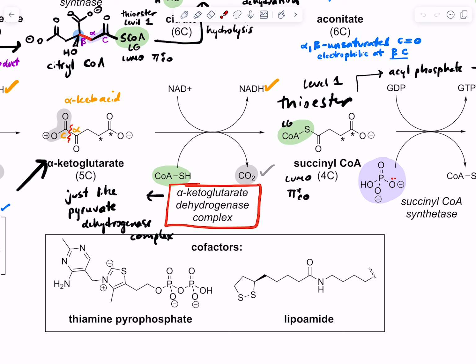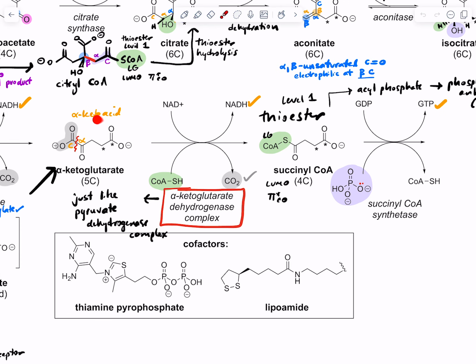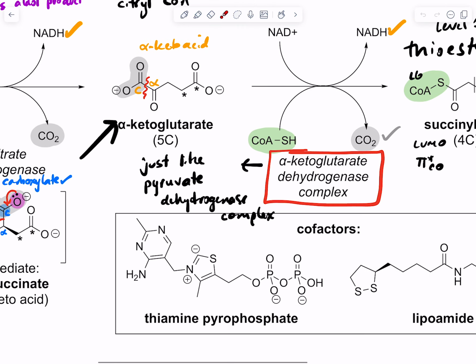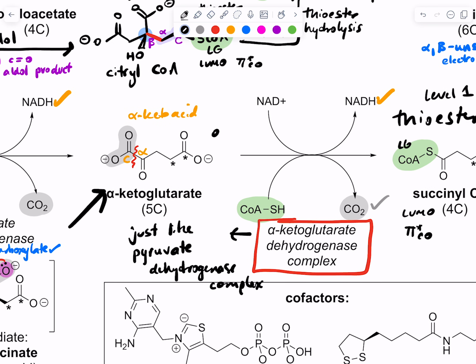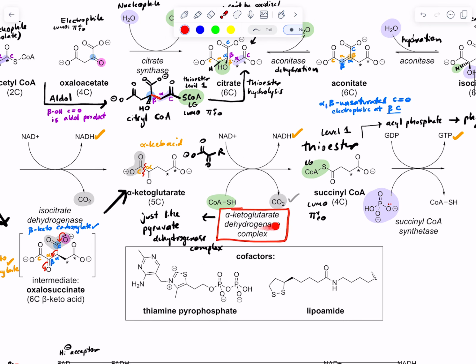So before next time, I want you to take alpha ketoglutarate. I want you to use your notes on pyruvate, and if you want to abbreviate alpha ketoglutarate, you surely can. You can abbreviate it like this, and you will see that it looks not so very much unlike pyruvate. I want you to take that molecule through the alpha ketoglutarate dehydrogenase complex in the same way that you did for pyruvate.